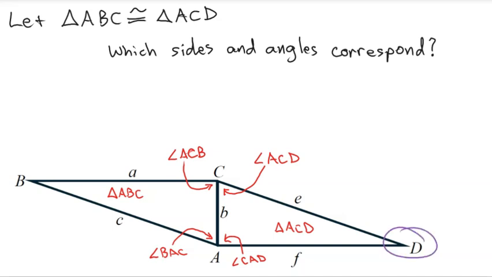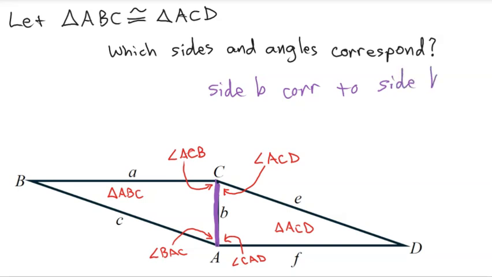It looks like angle D corresponds to angle B. Now, B corresponds to itself. You'll see here that we have a side that is shared by both triangles. Side B is in this triangle, and it's also in this triangle. And so what we would say here is that side B corresponds to side B. And that's okay.